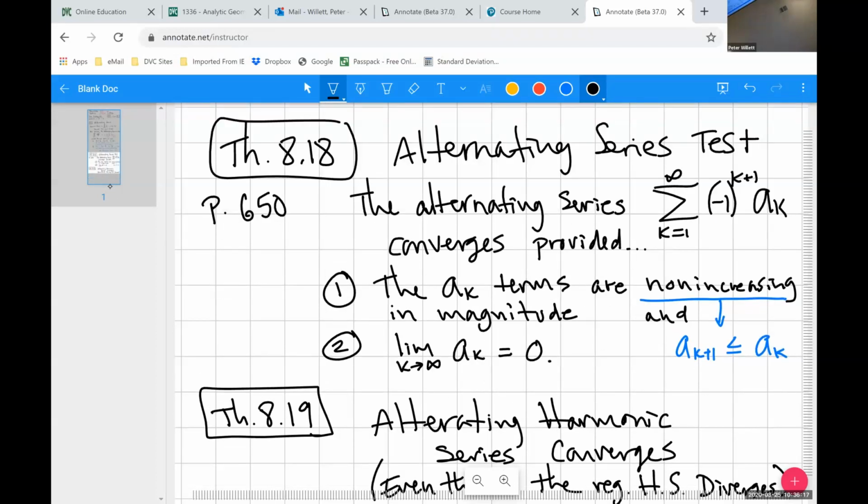And notice the requirements of the test for the alternating series are met by the normal harmonic series, except for the fact that it's not alternating. So for example, in the normal harmonic series, the terms are non-increasing. In fact, they're strictly monotonically decreasing, and they go to 0. So both conditions 1 and 2 are met by the normal harmonic series, but it diverges, and only because it's alternating does it then converge.